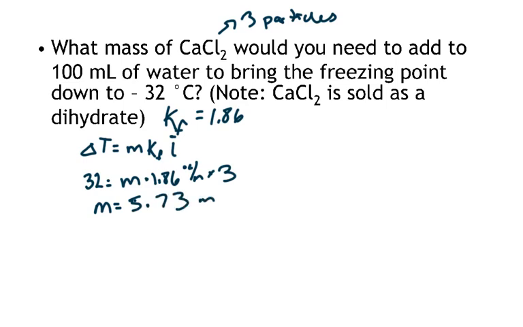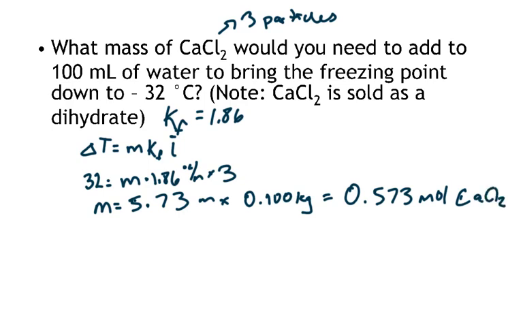And then I have that times my 100 milliliters of water at 1 gram per milliliter, converted over to kilograms, is 0.100 kilograms of solvent. That gets me 0.573 moles of calcium chloride.